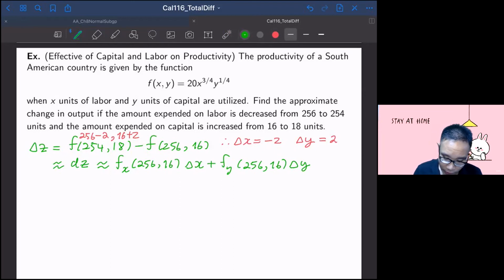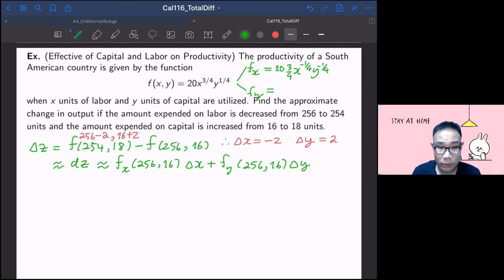Okay, so you have something like this first, and then we need to compute the partial derivative with respect to x and the partial derivative with respect to y. So the partial derivative with respect to x is, let me calculate them here: 20 times 3/4, x to the -1/4, y to the 1/4.